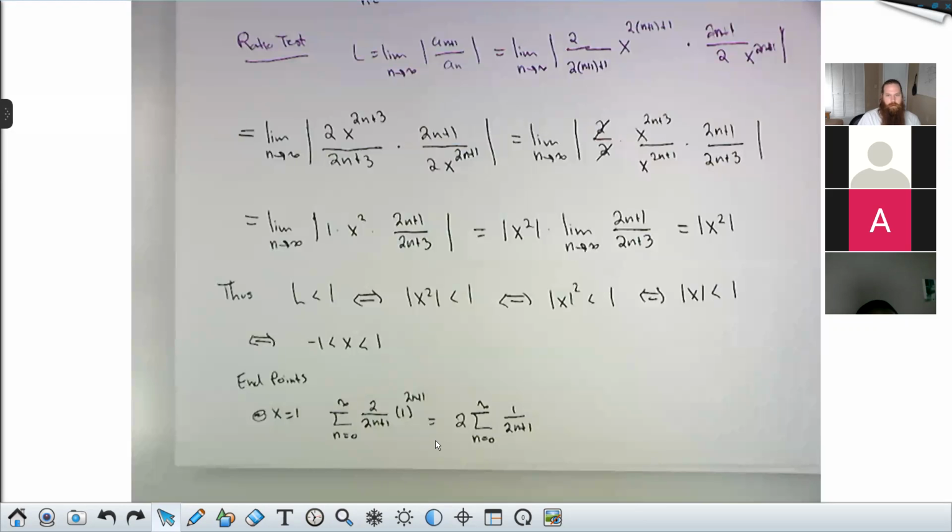If we wanted to carefully argue that this is similar to the harmonic series, could I say that this is larger than the harmonic series and therefore diverges by direct comparison? Is 1 over 2n plus 1 bigger than 1 over n?